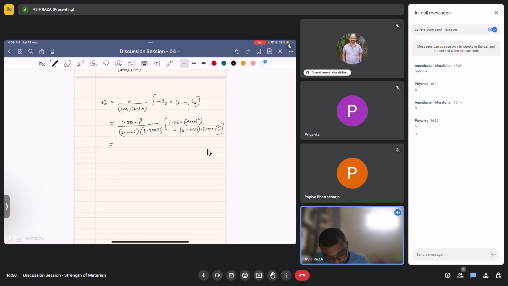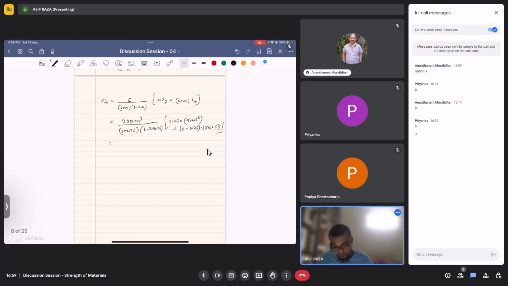So let's solve this. 200 divided by 1.25 into 0.5, so this will be equal to 320 into 10 to the power 3 inside the bracket, 94 minus 270 into 0.75, which is 180 into 10 to the power minus 6.